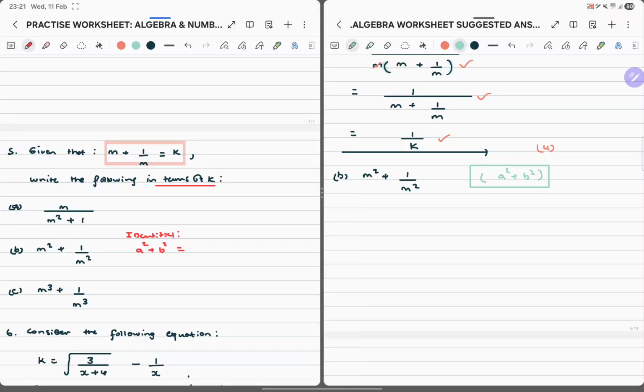What is it equal to? Well, if we chose this, you would know that from the identity it says we've got a plus b all squared, right? Plus 2ab. Am I correct?